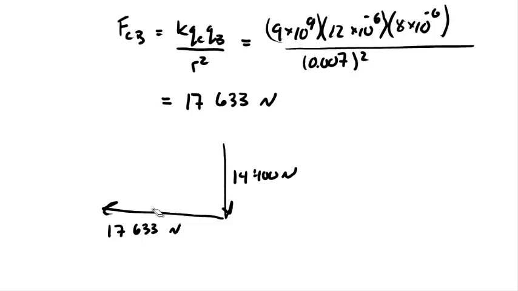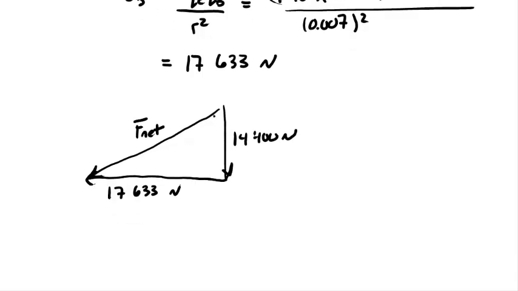Maybe let me redraw that so it's a little straighter. And then that will be our result. And that will be the net force acting on that charge. So this will be a right angle triangle with an angle which we'll need later.